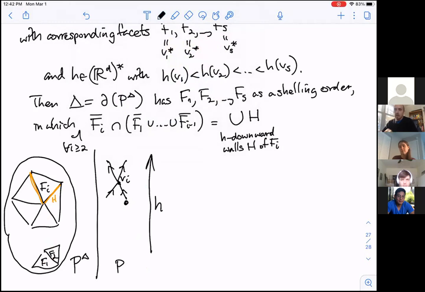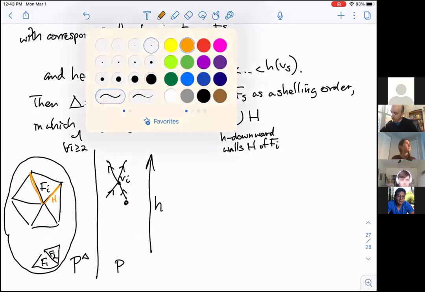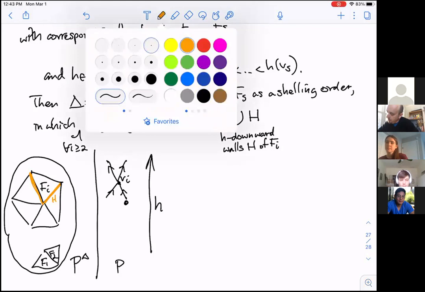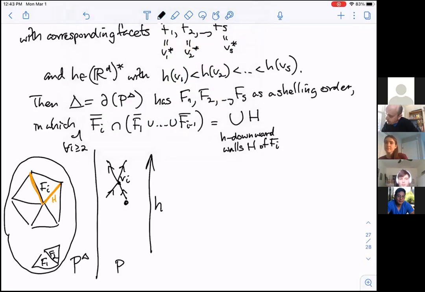All right, so this old subcomplex inside of Fi comes from thinking about the H downward stuff, but you can also then deduce what's going on in the partitioning that we get for that boundary complex. Remember, it's this disjoint union.